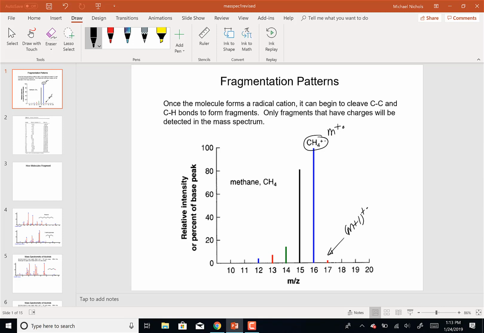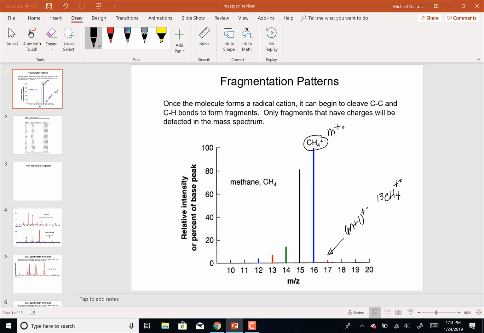That's with an additional mass of 1, which comes about because that molecule is now the carbon 13 methane. And then in the next slide, if we look at the isotope percentages, carbon 13 is 1.1%, and so that carbon 13 isotope peak would be 1.1% of the CH4 being carbon 12. And then everything else is a fragment.